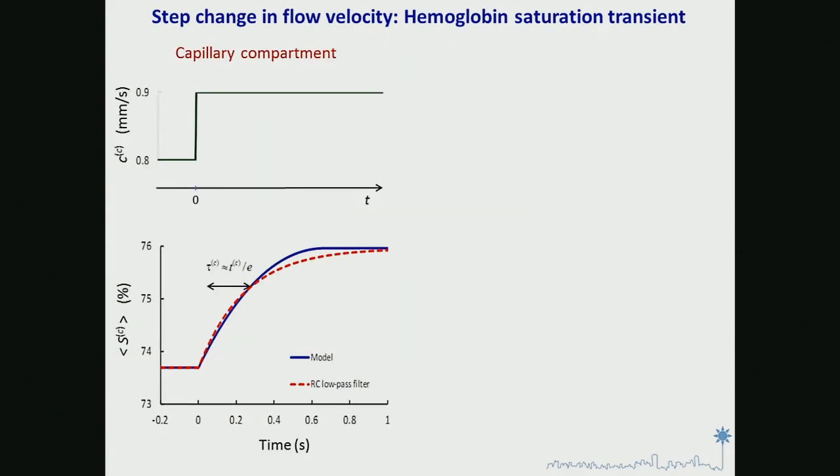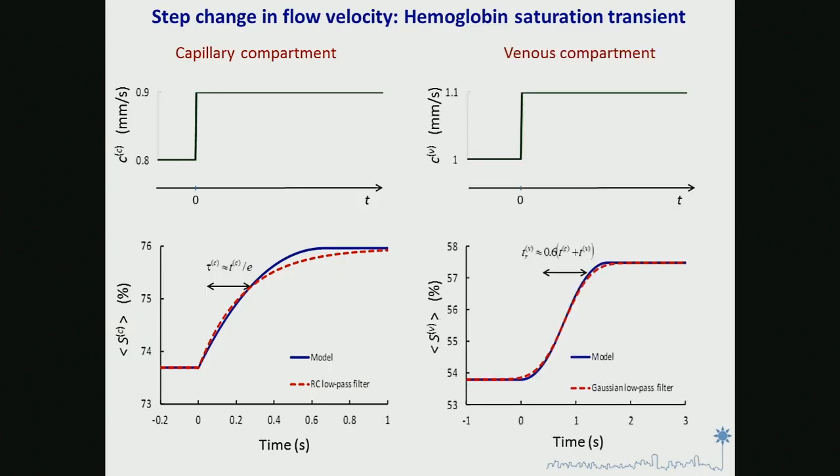And just to give you a sense of what happens, if this is the step change in flow velocity in the capillary compartment, this is the time response of the hemoglobin saturation in the capillary compartment. To go from the first to the second steady state, there is a finite time required, and that is true also on the venous side. Even though the details of these transients are different, still there is a time constant associated with the microvasculature to respond to a step change in flow velocity.